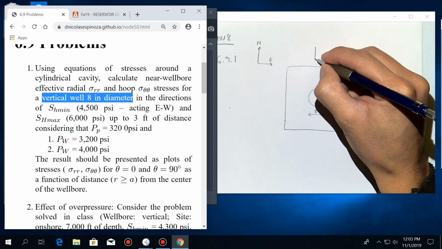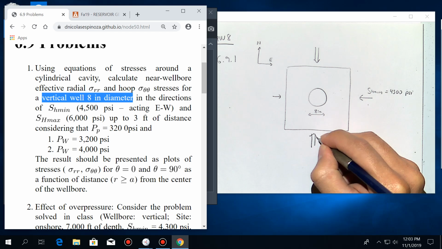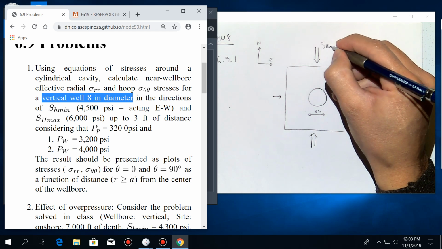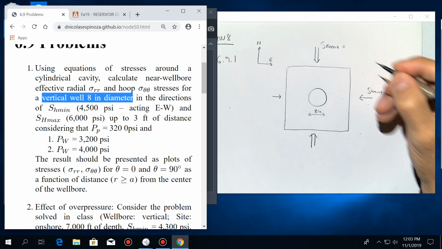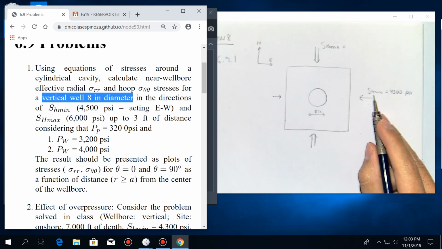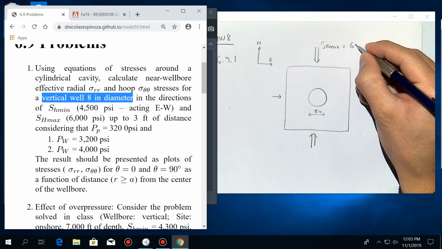and SH max is going in this other direction, perpendicular to that. Remember that always SH max is going to be perpendicular to SH min, because if this is the principal stress, the other one has to be perpendicular to that. All right, and the other one is going to be 6,000 psi.